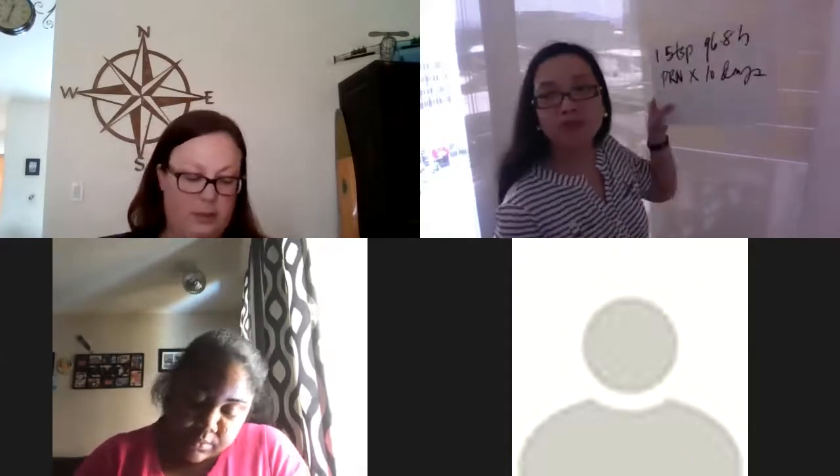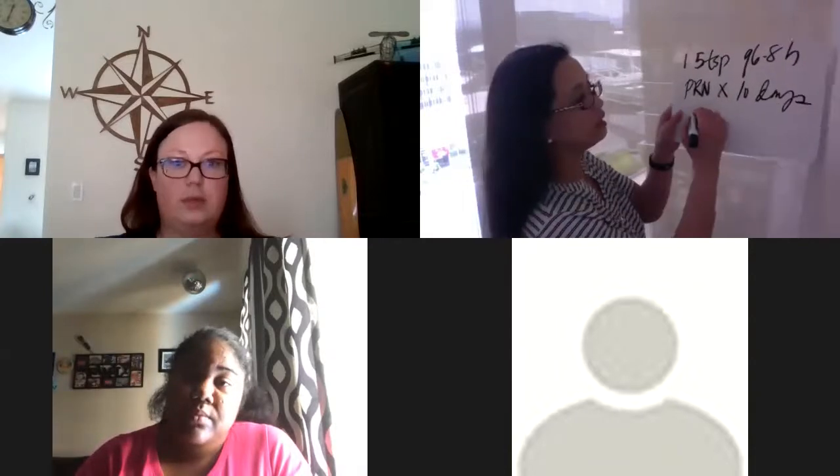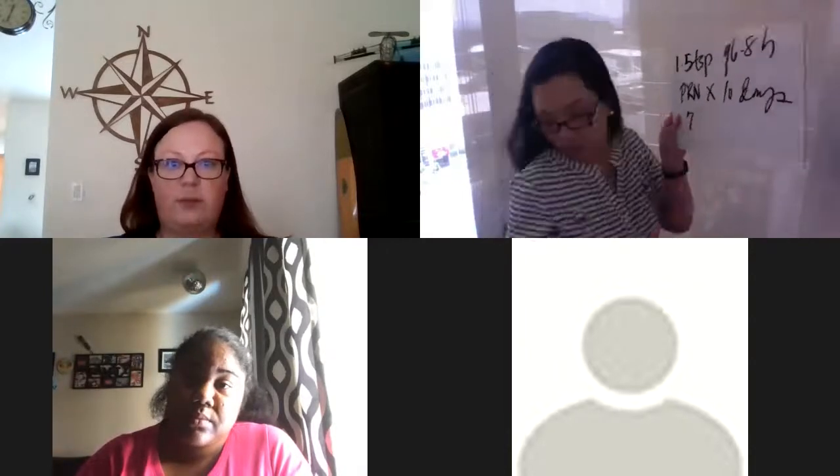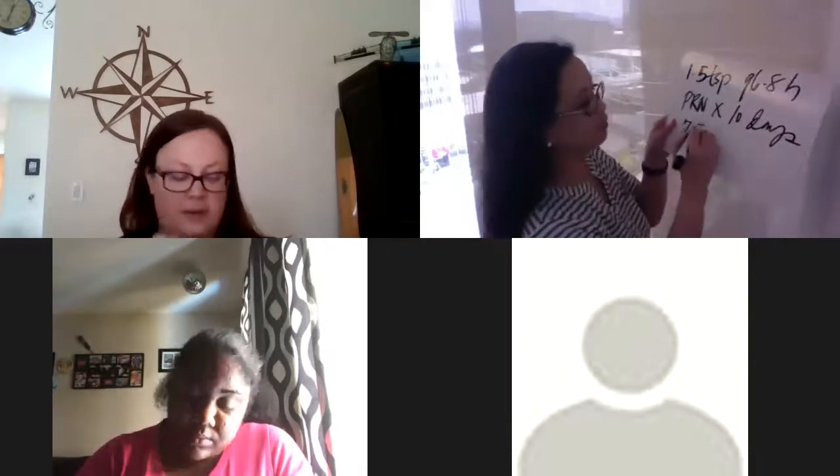And then your Phenergan would be 1.5 TSP, Q6 to 8H, PRN. PRN means as needed, pro re nata, cough for 10 days. 1.5, it's in teaspoon, Q6 to 8H, PRN, cough, times 10 days, okay? First step would be convert your 1.5 TSP to ml, and that would be 7.5 ml.